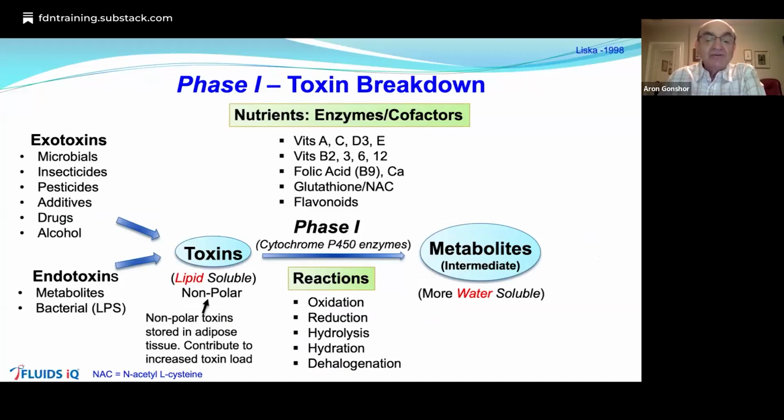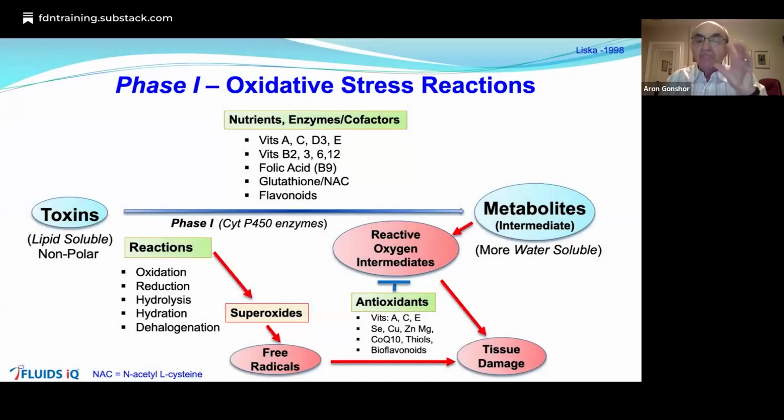And you need to use everything from enzyme cofactors to various reactions, oxidation, reduction, hydration, you name it, to bring it to an intermediate stage in which the metabolites are now more water soluble. They're not totally water soluble yet, but they're more water soluble.